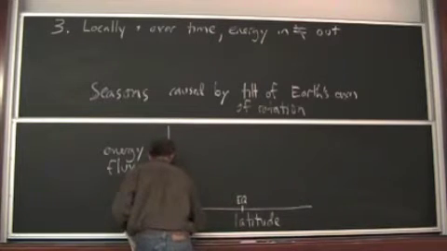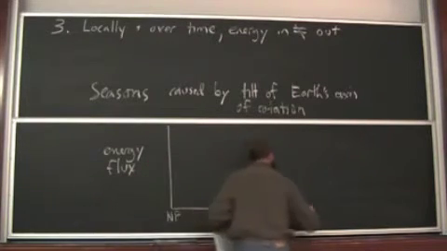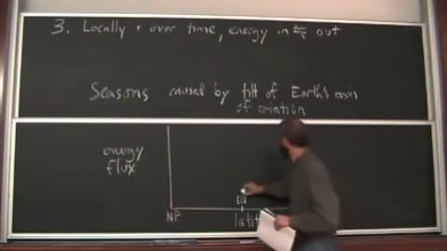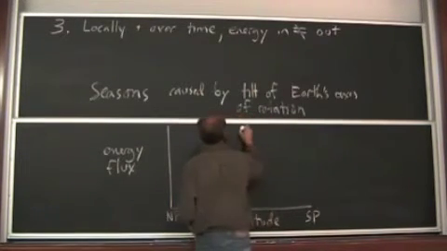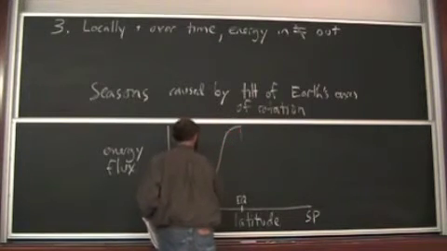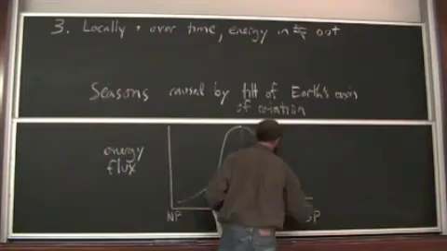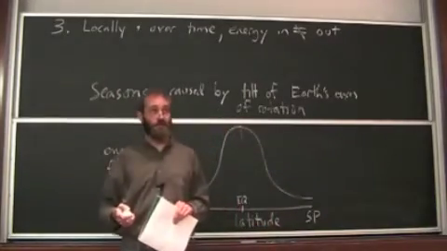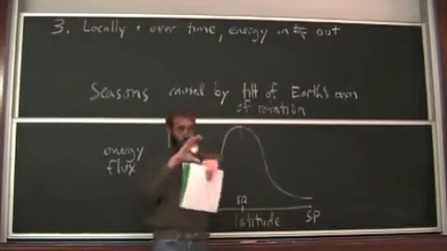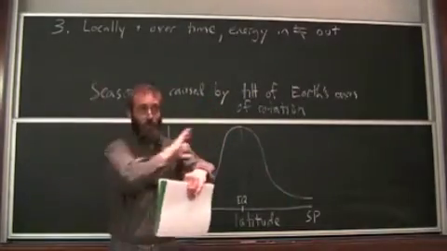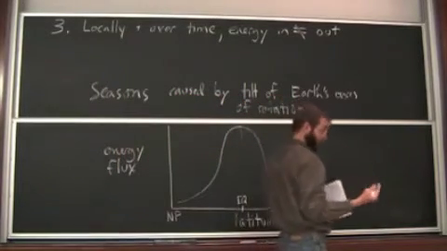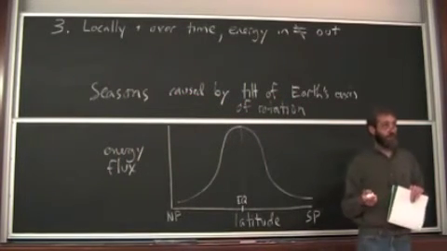Here's the North Pole and the South Pole, or we could do it South Pole, North Pole, it's all the same. And the energy coming in is most intense at the equator, and it drops off quite a bit when you get into the higher latitudes. So if the axis of rotation was exactly perpendicular to the plane of the orbit, if there were no tilt, then there would be zero radiation that you get in the north and south.